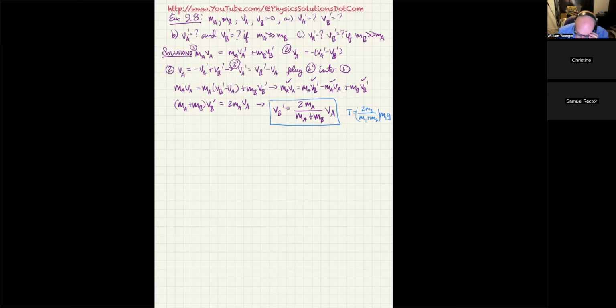Now, I just figured out the velocity B. Now all I need to do is maybe use equation 2 prime to figure out velocity A prime. So now plug VB prime into what we called 2 prime, because that is already solved for VA prime.